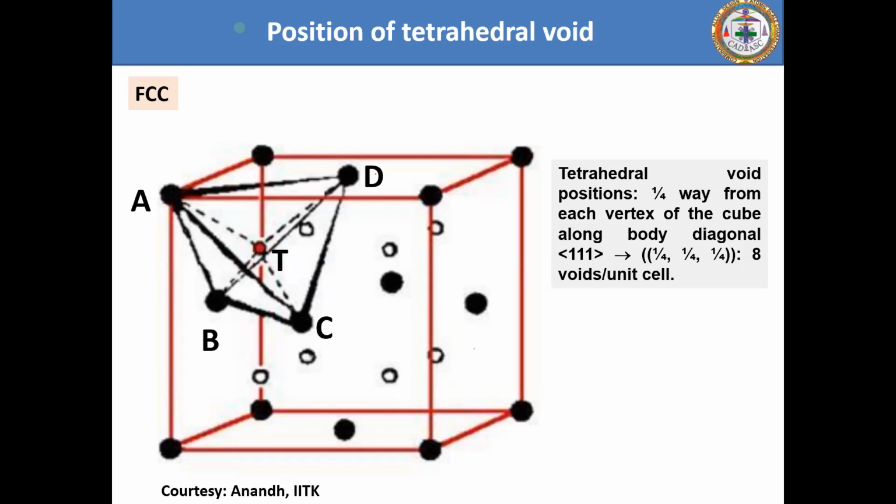Because if you read the sentence carefully, it is 1/4 away from each vertex of the cube. So if an atom is exactly at half, it is not 1/4 from each vertex. Along the body diagonal, it will be half from each vertex. Then it will be wrong. In that case, 0 के बाद 1/4, that is acceptable because from one vertex it is 1/4.